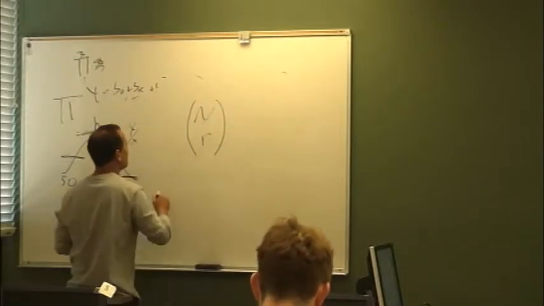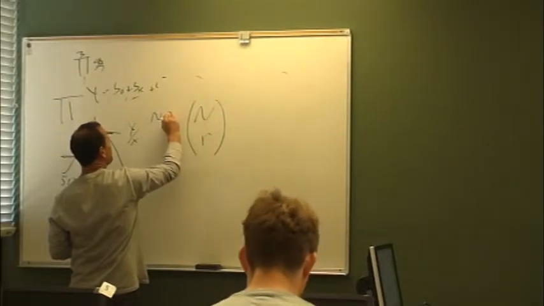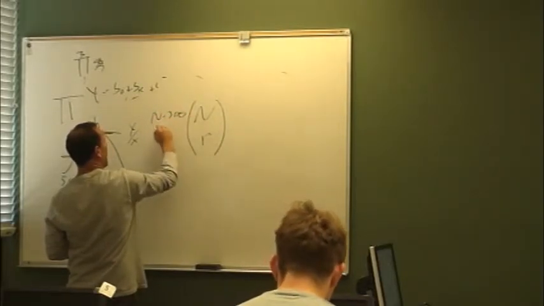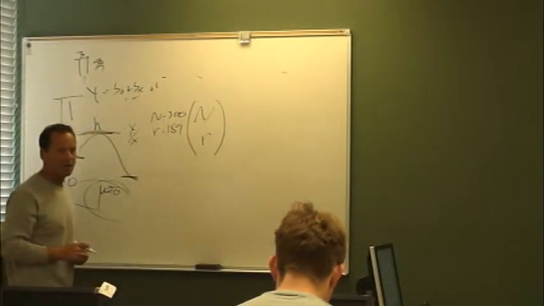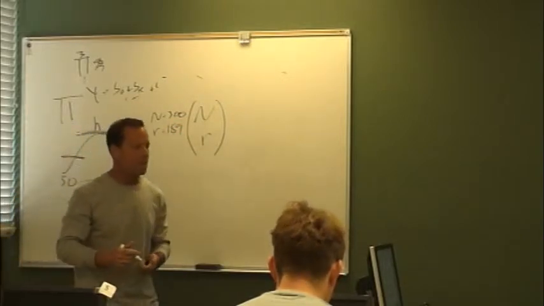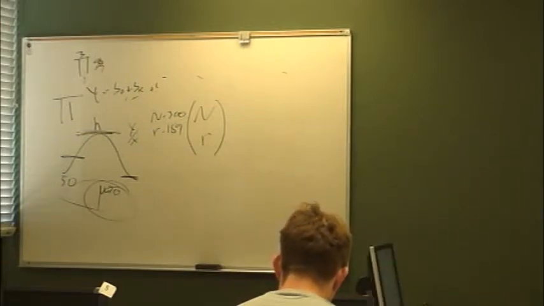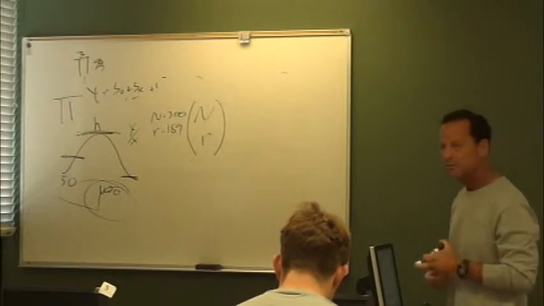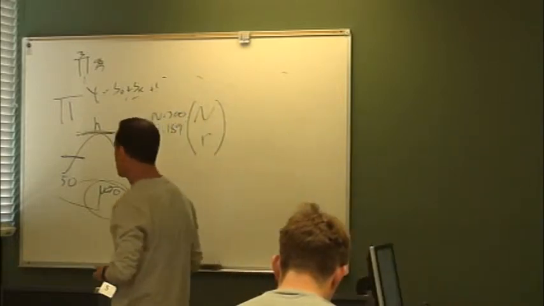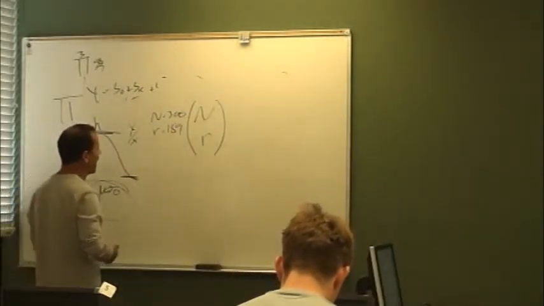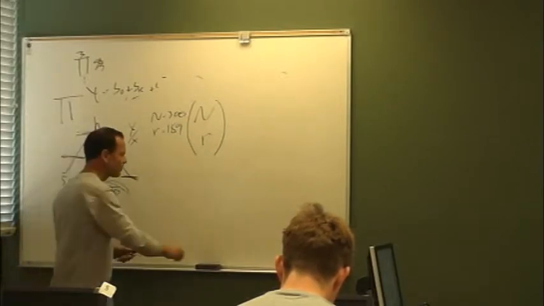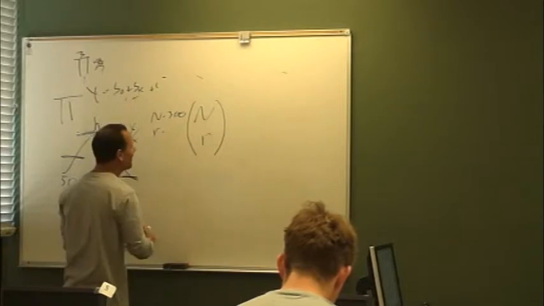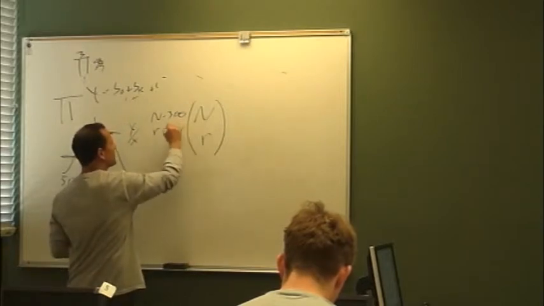Let's say you have 300 people, and 189 pass. Let's say 300 people take the bar in San Diego for lawyer, and 189 pass it, right? Or let's make my math a little bit easier. Let's say 66% pass the bar.